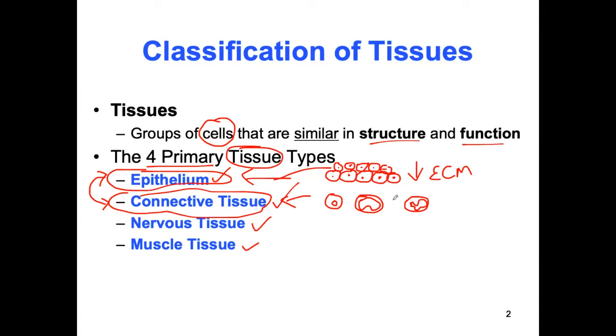Notice the cells are not closely packed together, and there's lots of extracellular matrix or substance between the cells. That's the difference between connective tissue and epithelial tissue under a microscope, okay? Just a little foundational difference between the two. So connective tissue has lots of extracellular matrix, and if this was blood, the extracellular matrix in blood is actually called plasma. The plasma is the substance between the cells.